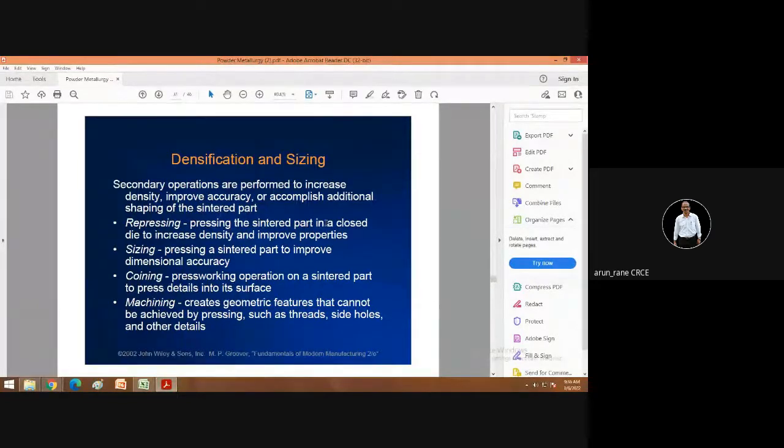So secondary operations like repressing, coining. Coining means we press it again so that the details on the coins come out, so that we can get the pictures.